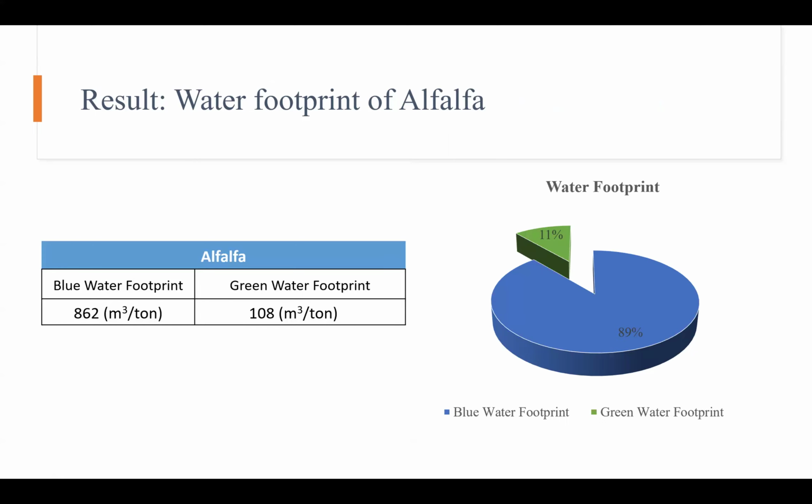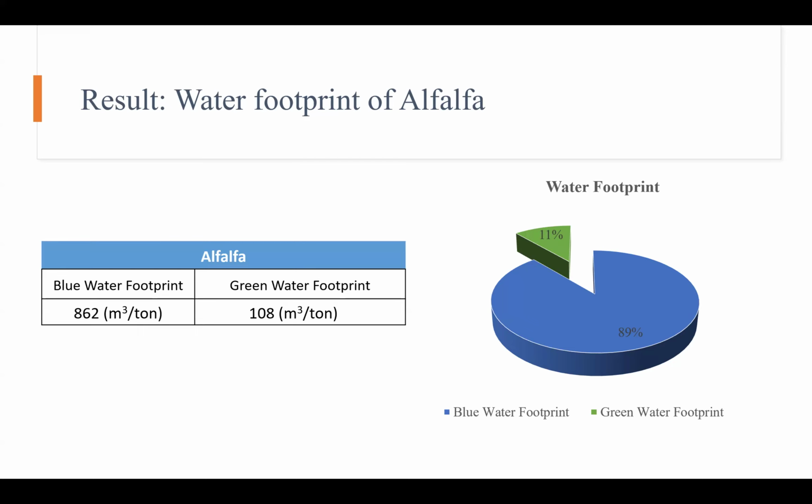By that, I ran the formula I mentioned before. My calculation told me that for each ton of alfalfa production, we need 862 cubic meters of fresh water for irrigation, or blue water, and for the green one, it is around 108.